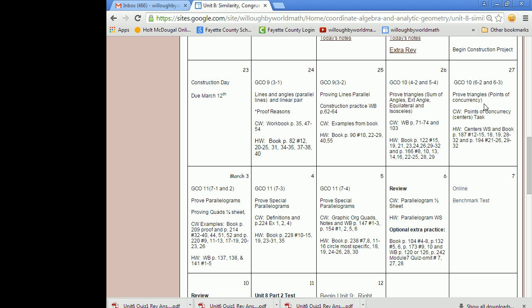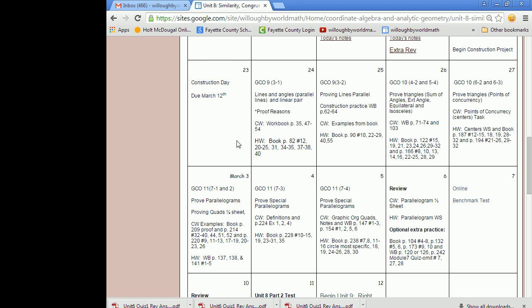Then we're going to prove some things about triangles the next 2 days. And then the next 3 days, we're going to do parallelograms and special parallelograms. This is kind of revisiting, because we've already talked about parallelograms, rhombus, rectangle, and square. But now we're going to come back to it with proofs.